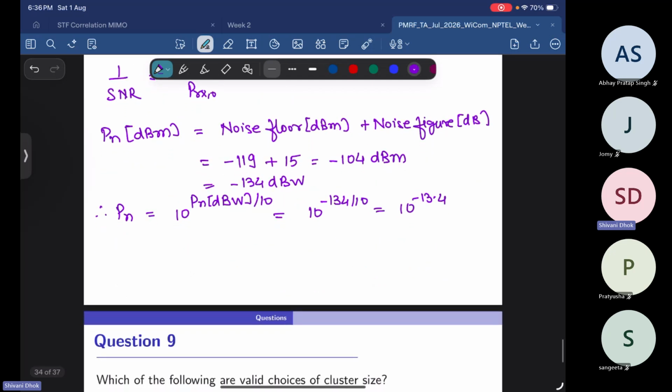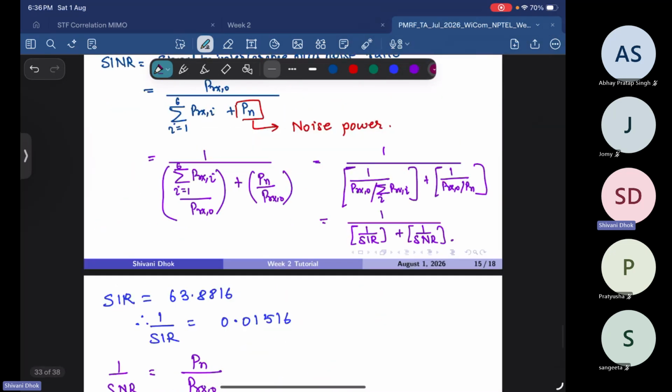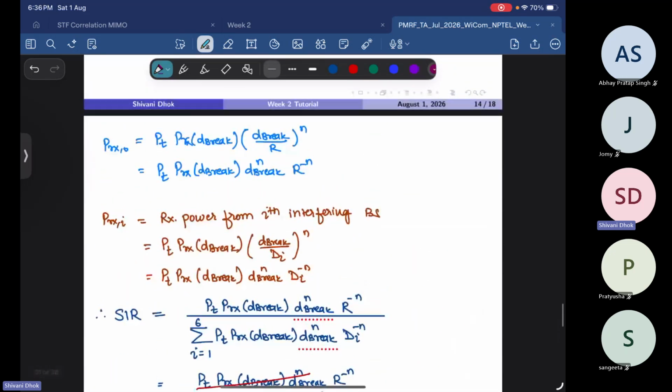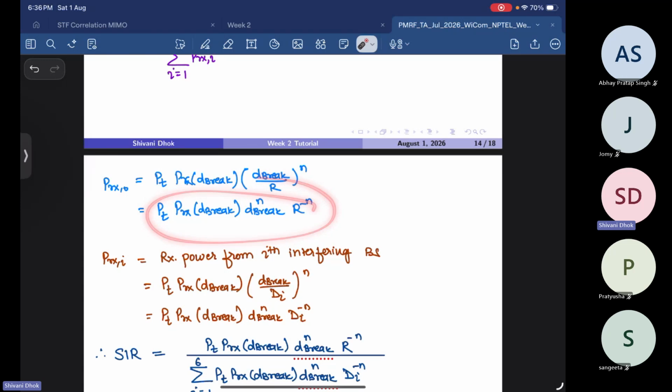Now what we want to find out is your receive power. For receive power, we had seen that the expression is something like this. That is transmit power into breakpoint thing into this quantity. So I'll just copy paste this.